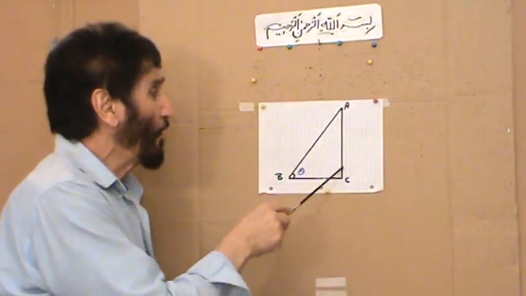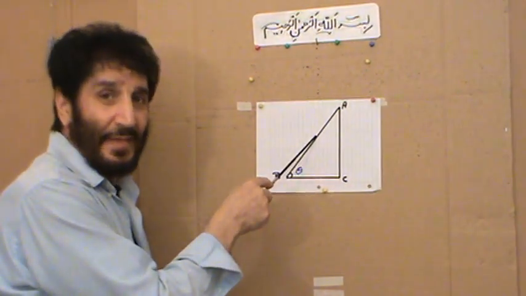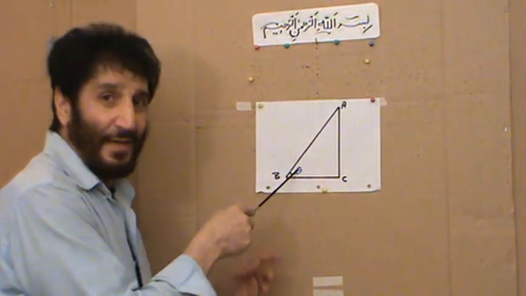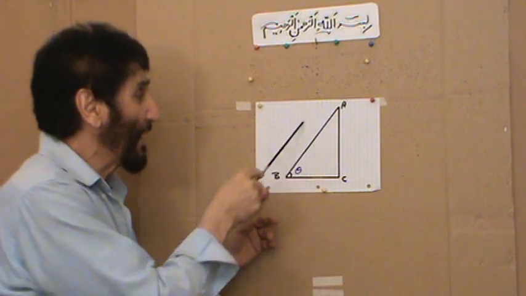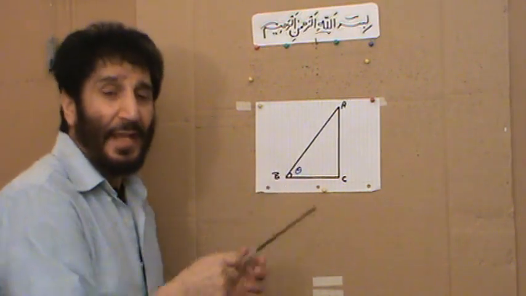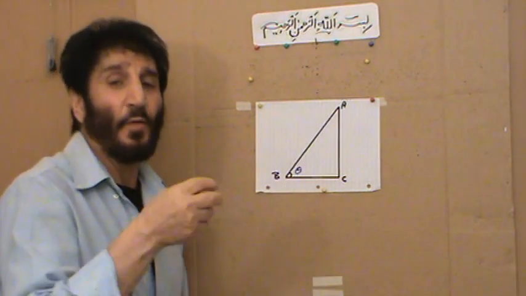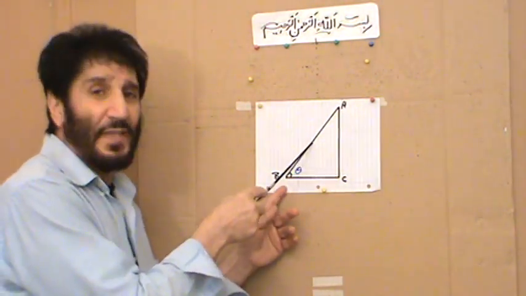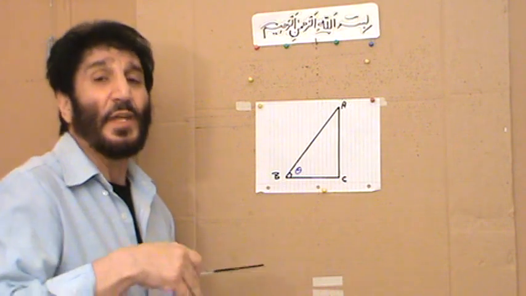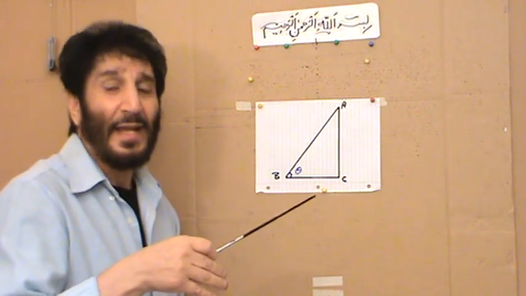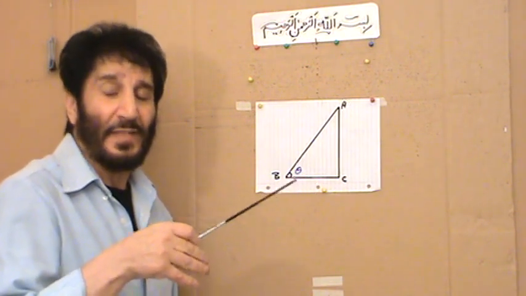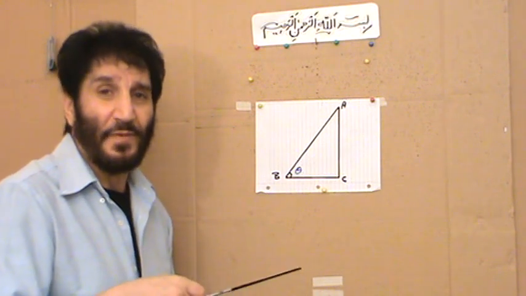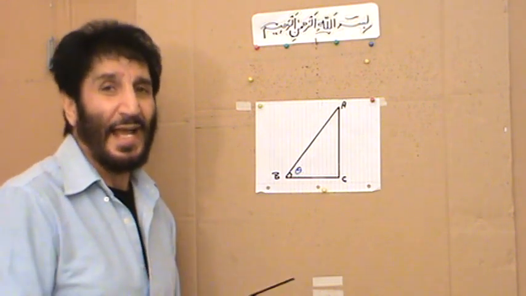Now, the ratio of this over this is the sine of this angle, and the ratio of this over this is cosine of this angle. Then sine of this angle over cosine of this angle, they both have the same denominator. The denominators cancel each other.